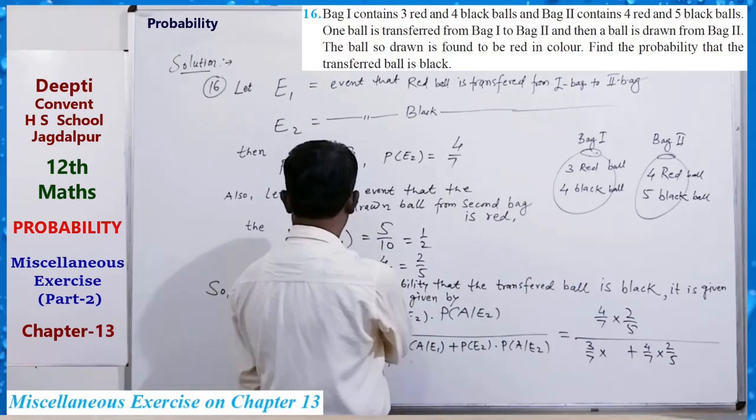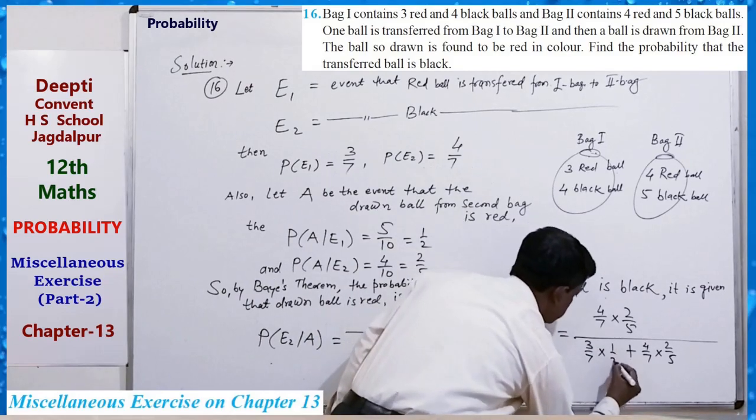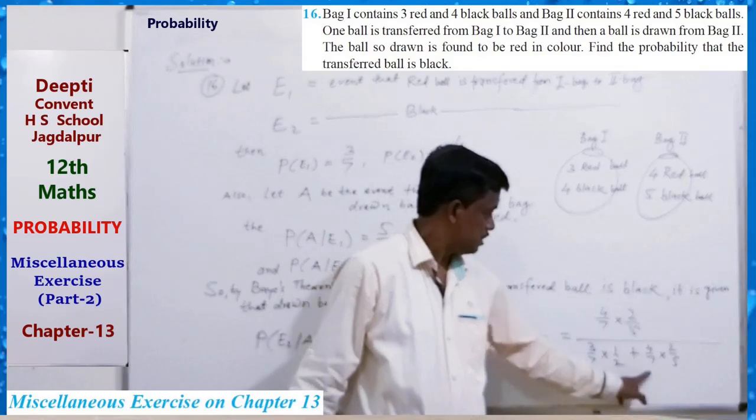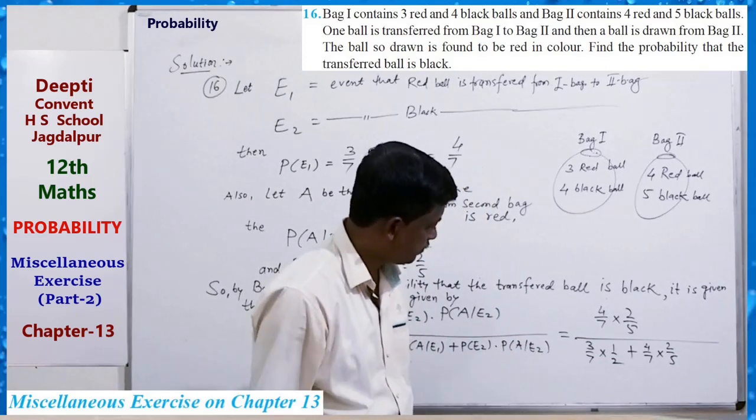Just solve it. We can see here that the 7s cancel out.